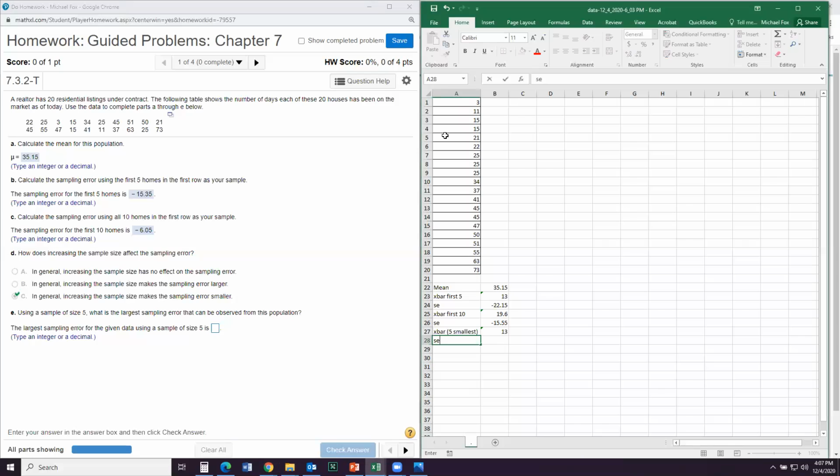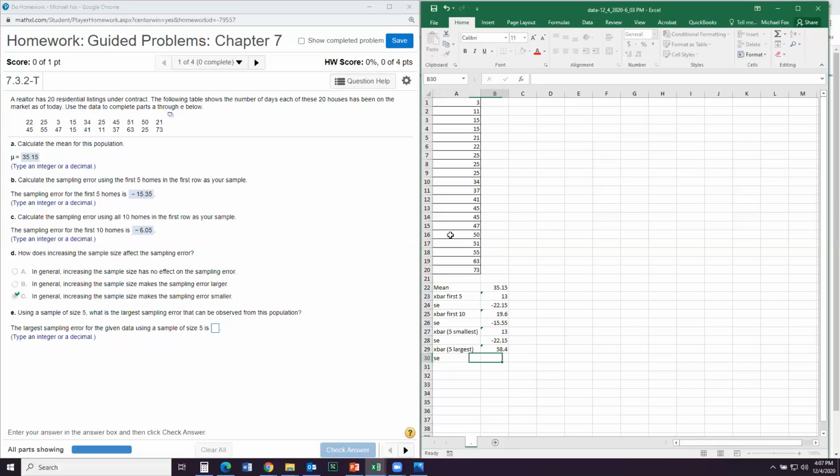So the sampling error for the 5 smallest is going to be the X bar, or the sample mean, minus the population mean. And then I'll find the X bar, or the sample mean, for the 5 largest. That would be the average of the highest 5: 1, 2, 3, 4, 5.